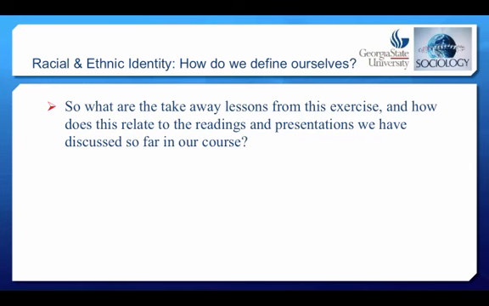And so hopefully thinking about this, you will be more aware of such issues and less likely to impose a racial identity on someone.